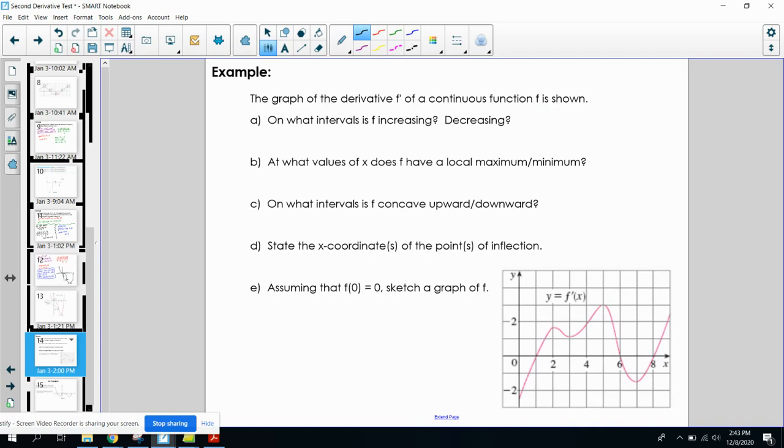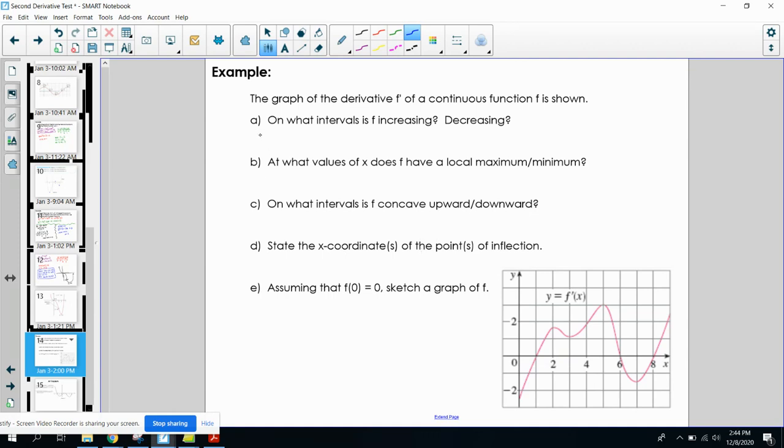Okay, so here we have a graph of the derivative f prime. So down here is my graph. On what intervals is f increasing and decreasing? Right now, we're not really doing any calculus. We're looking at the graph, and we want to see if we can pull out this information. Since this is a graph of the derivative, and we're trying to find out information about the original graph, if the original graph is increasing, that means the derivative is going to be above the x-axis.